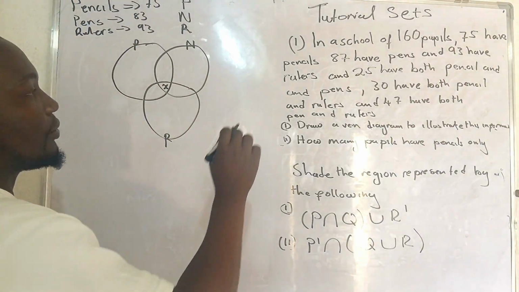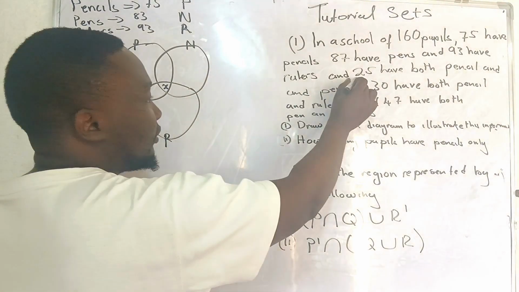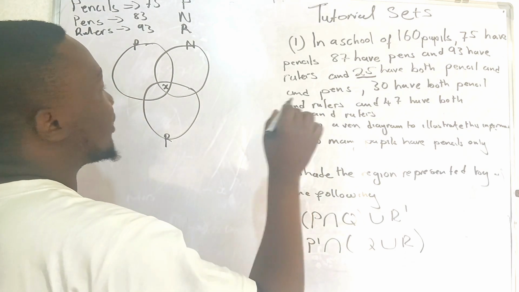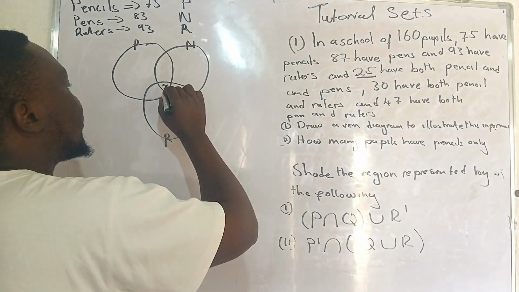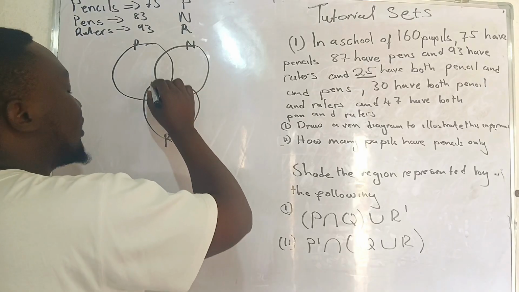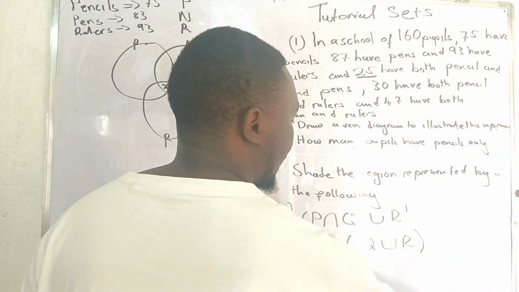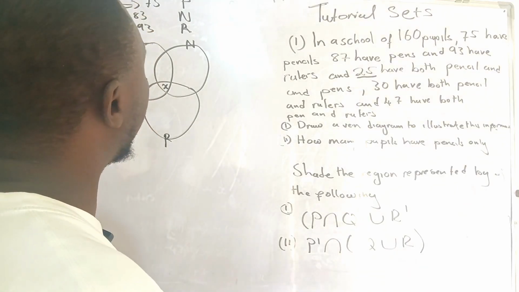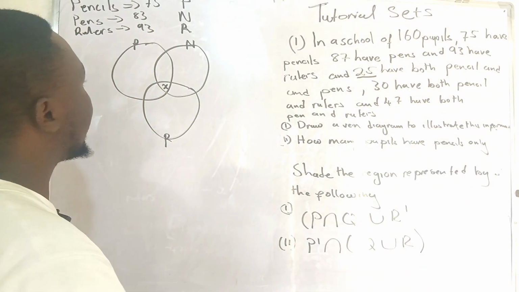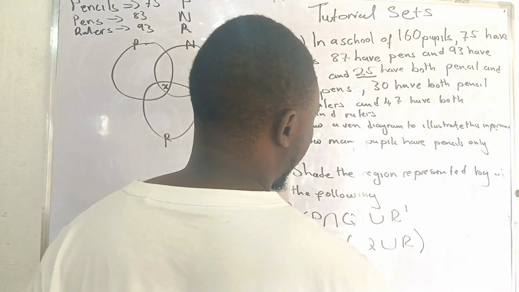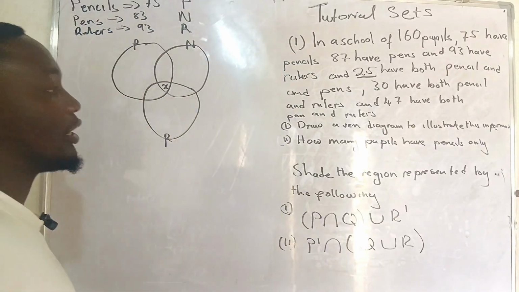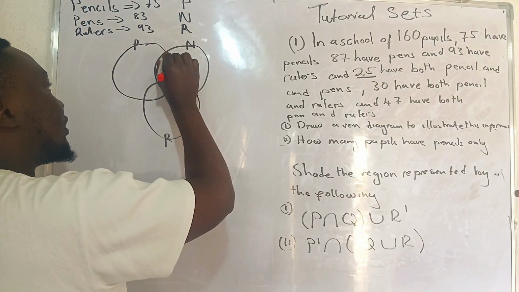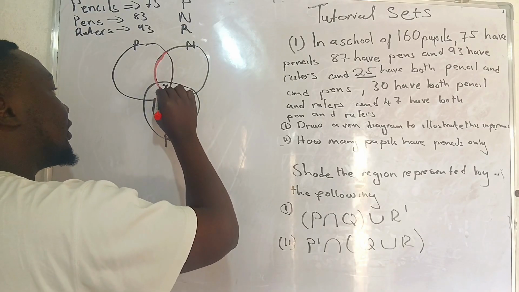We are going to start with the first one, 25. We have both pencils and pens, so this part of the circle is 25. I want you to look at the board very clearly and see what 25 represents. I'm going to take a red marker so that I can mark that 25 is represented by this area.